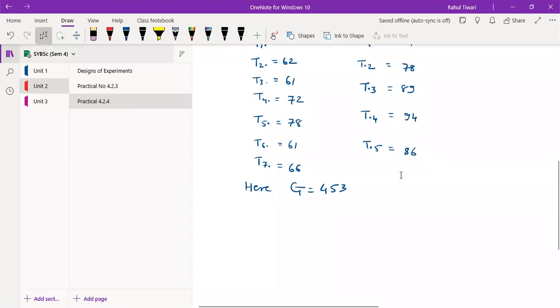Is that 88? Just check. And once you get the grand total, you can find the correction factor, which is G square upon N, which is simply 5863.1143.